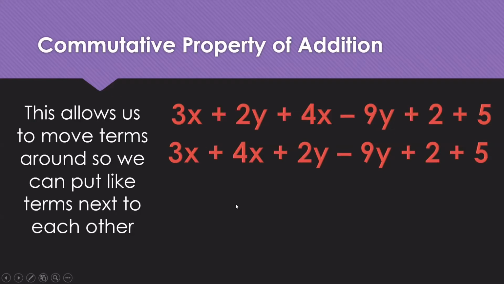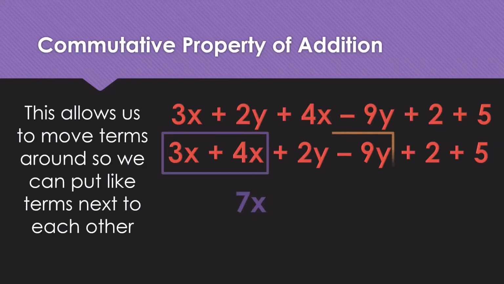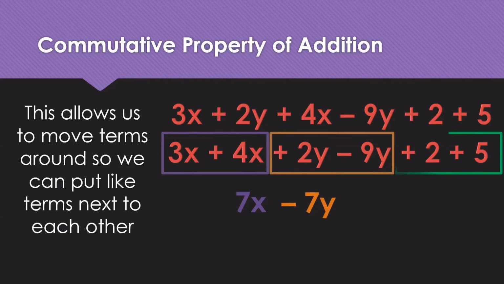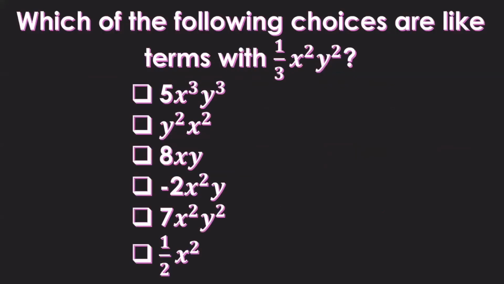Now I can add and subtract what's alike. 3x plus 4x gives me 7x. 2y minus 9y gives me negative 7y. And then 2 plus 5 gives me 7. I have now officially combined all these terms. There's my answer.